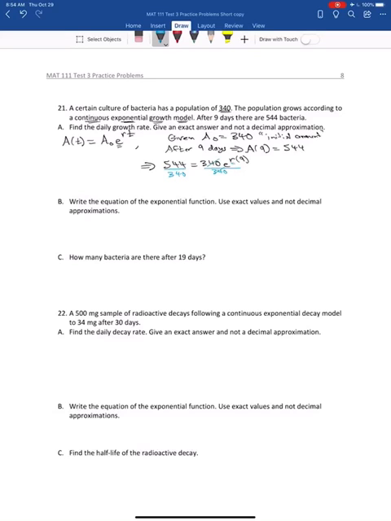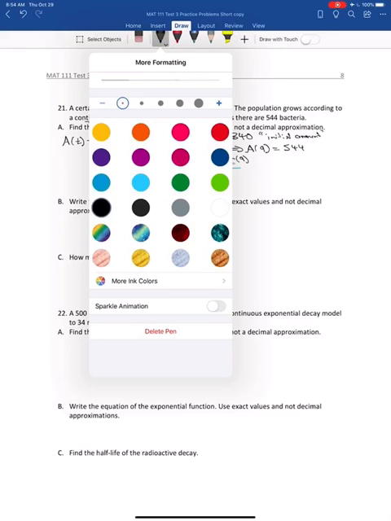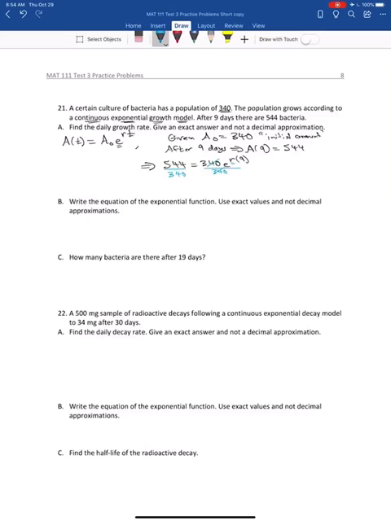We'll divide 340 on both sides, isolating the exponential term, and make that note on the side. Now our equation reads 544 over 340 equal to e to the r times 9, or 9r.